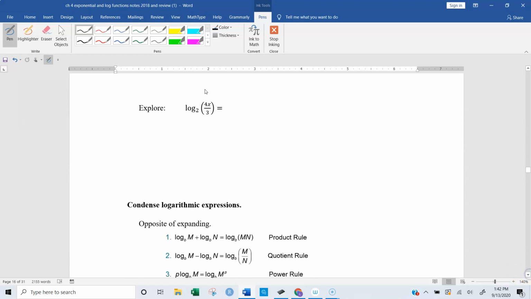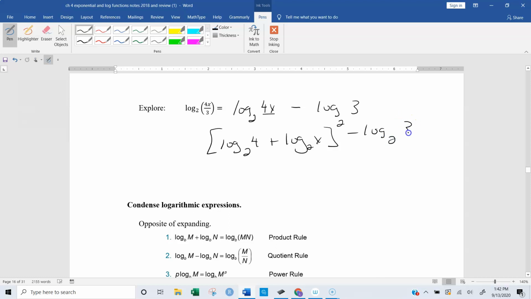Okay, try yours. So you should have said, hey, that is log base 2 of 4x minus log base 2 of 3. Well, this can be expanded yet because it is multiplication. So now we have log base 2 of 4 plus log base 2 of x minus log base 2 of 3.